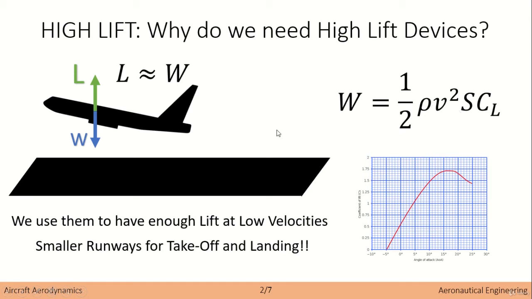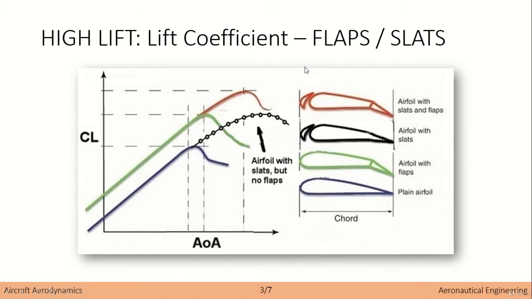I hope that's clear. As we mentioned, the coefficient of lift will depend on the angle of attack also, right? But we can't just increase the angle of attack a lot. What we need to do is actually to provide additional lift devices. Now, in this graph, we see how different high lift devices will change the coefficient of lift with respect to the angle of attack.